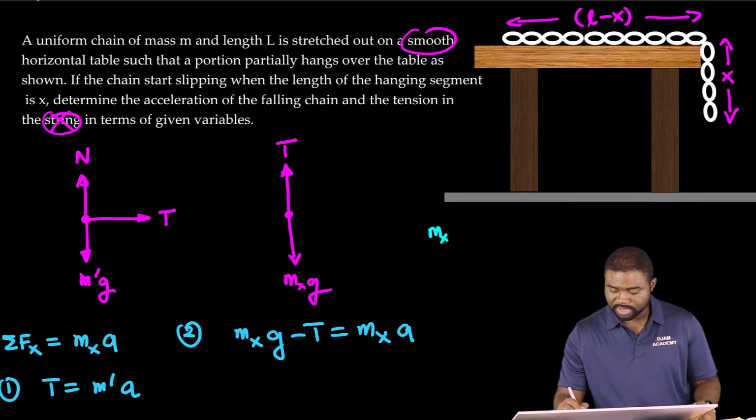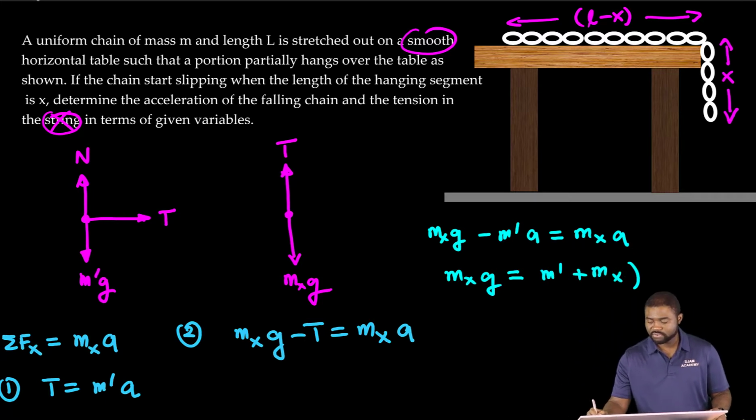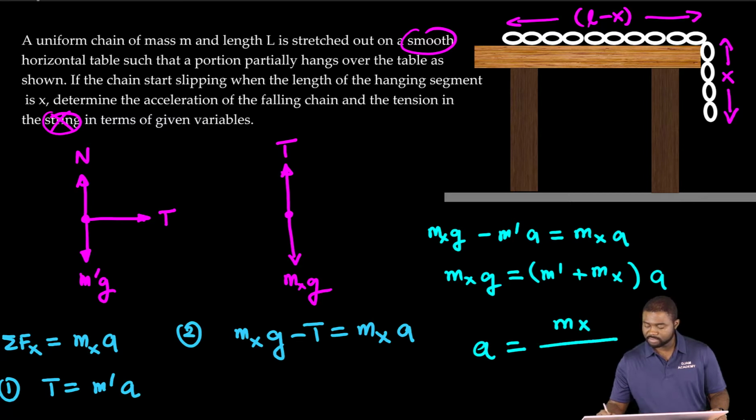You have mx g minus M prime a equal to mx a, in which case mx g is equal to M prime plus mx, all multiplied by a. In other words, the acceleration of the chain is going to be equal to mx divided by M prime plus mx, all multiplied by g.